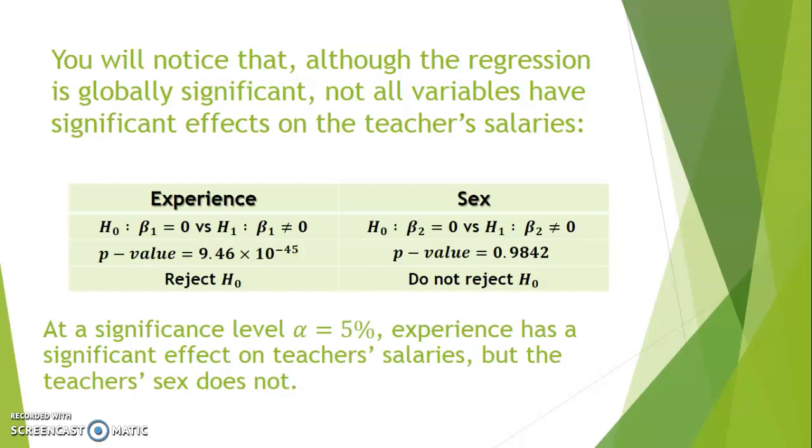However, variable sex had a p-value very close to 1, and therefore much greater than 1, 5 or 10%, which are the typical values of alpha. We cannot reject H0, and hence we cannot conclude that a teacher's sex will have an effect on a teacher's salary.